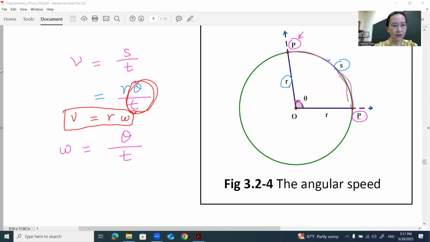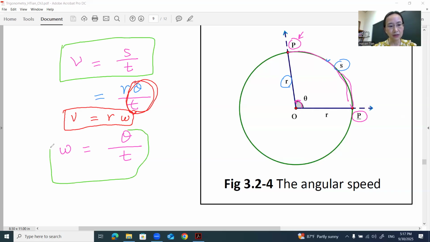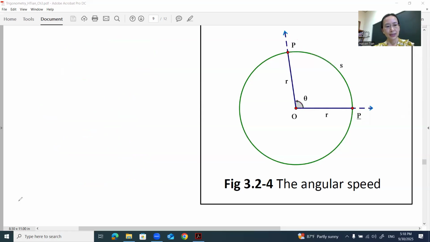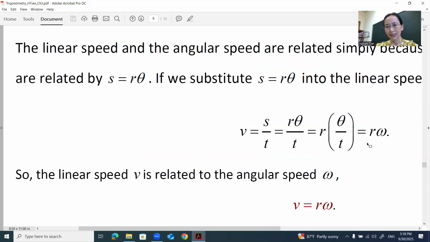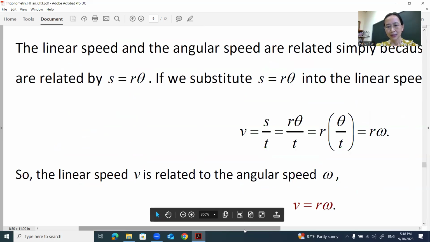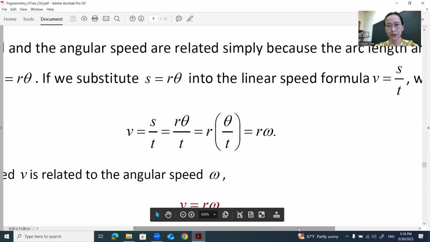So we discovered the relationship just from how we define linear speed and how we define angular speed, and then discovered that by definition these two are related. This is just a quick summary.